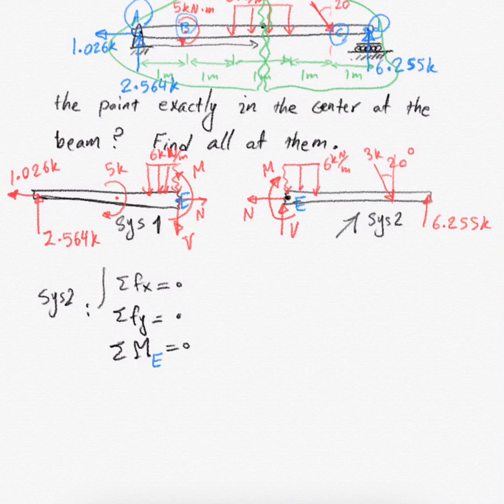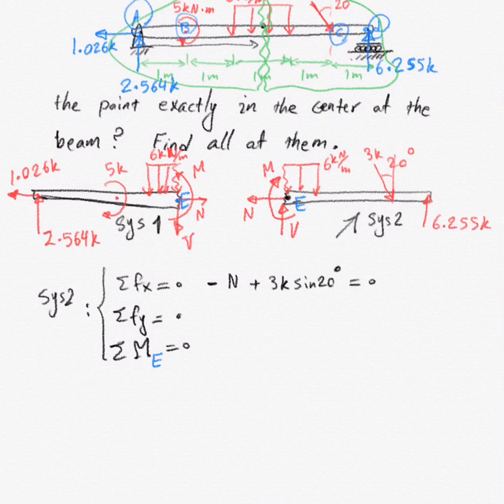Let's expand these equations to get something useful. The first equation for the system on the right is going to give you negative N plus 3K sine 20 is equal to 0.